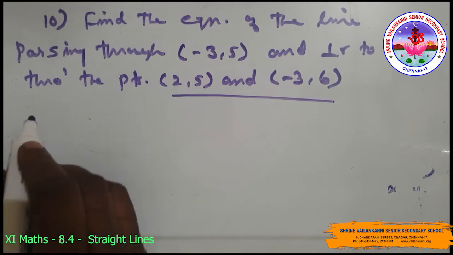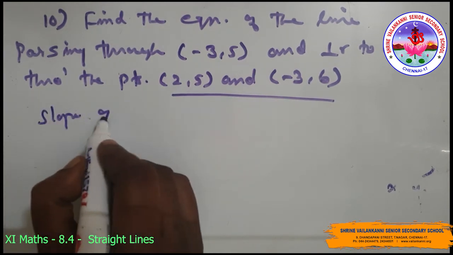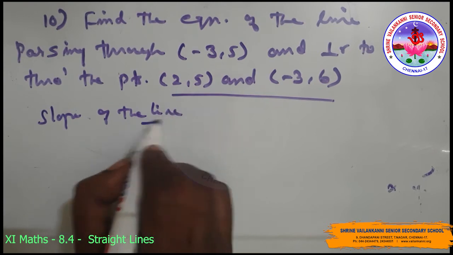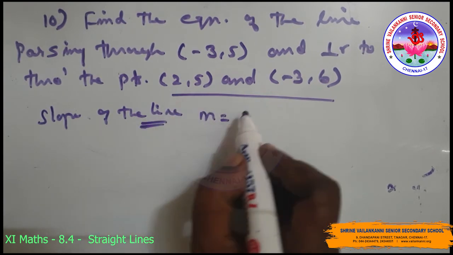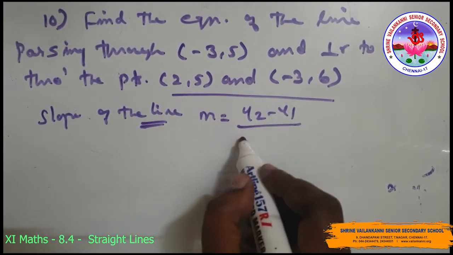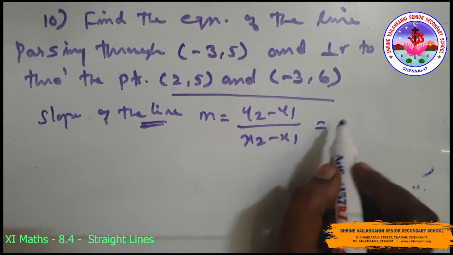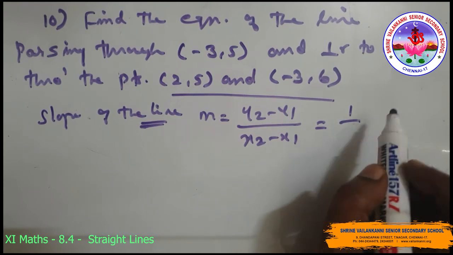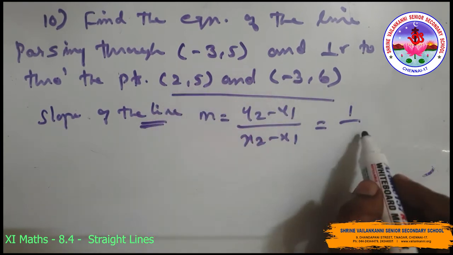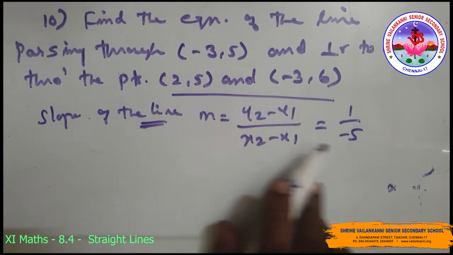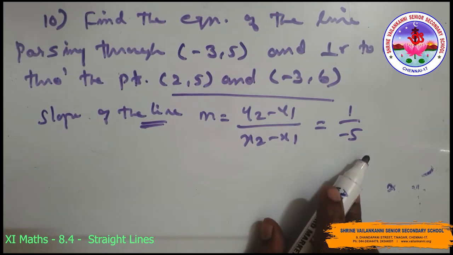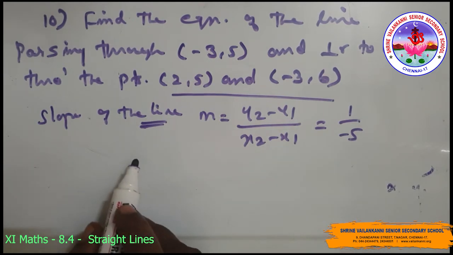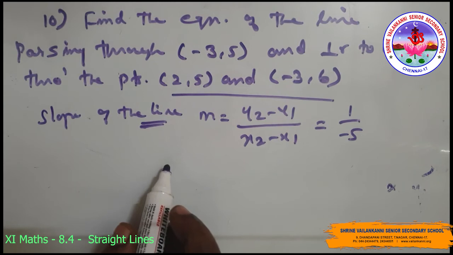The slope of the line joining these 2 points, using the formula (y2 minus y1) by (x2 minus x1), is (6 minus 5), which is 1, by (minus 3 minus 2), which is minus 5. Slope m is minus 1 by 5. We know that two non-vertical lines are perpendicular to each other if and only if the slopes are negative reciprocals of each other.